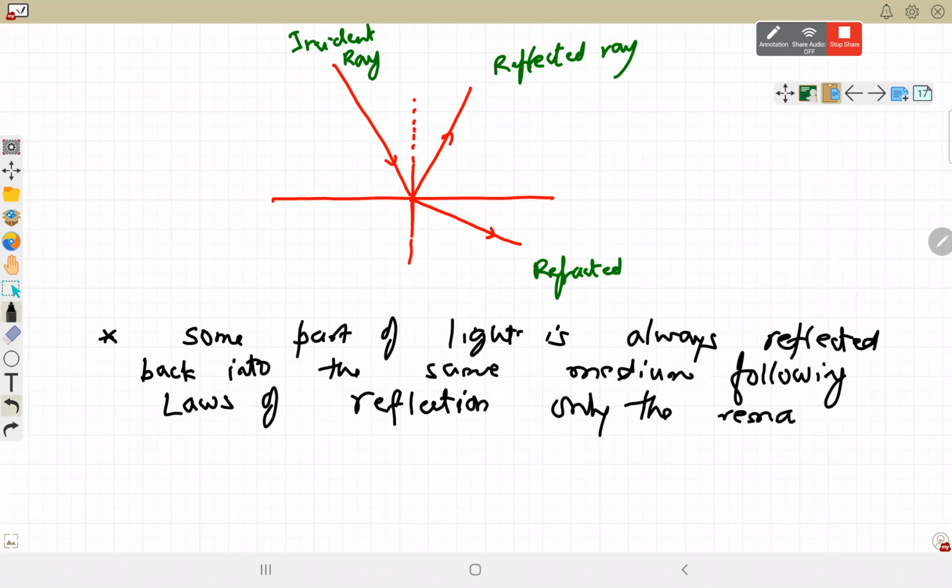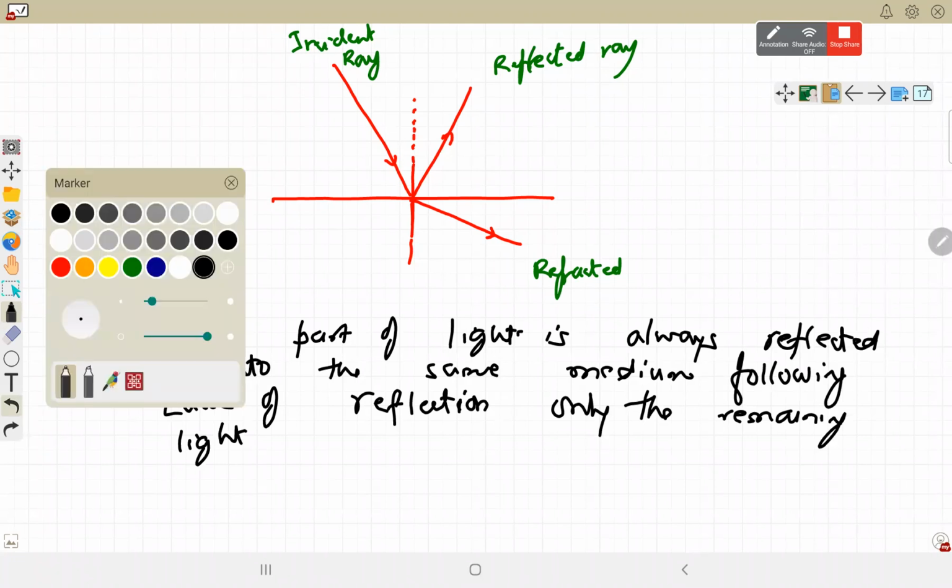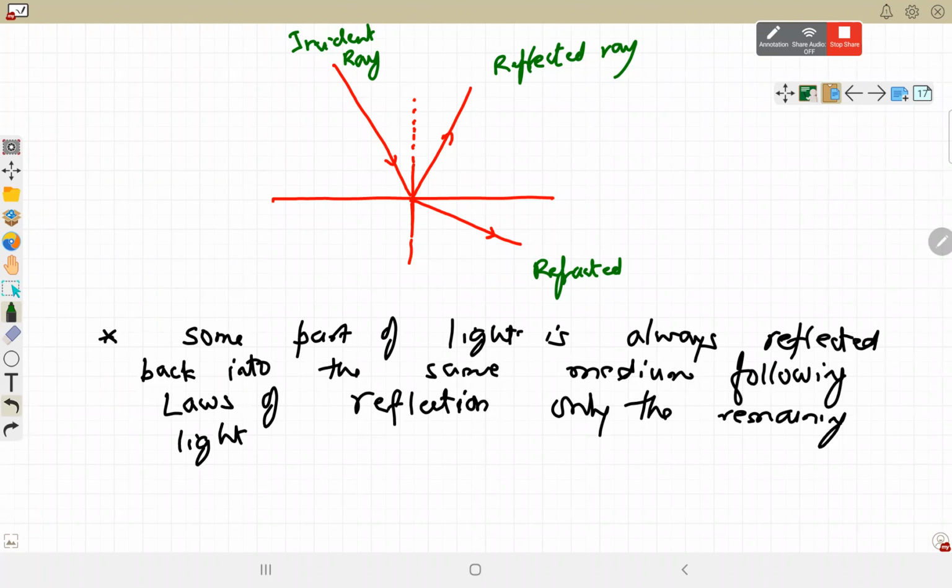Only the remaining light enters into the other medium.